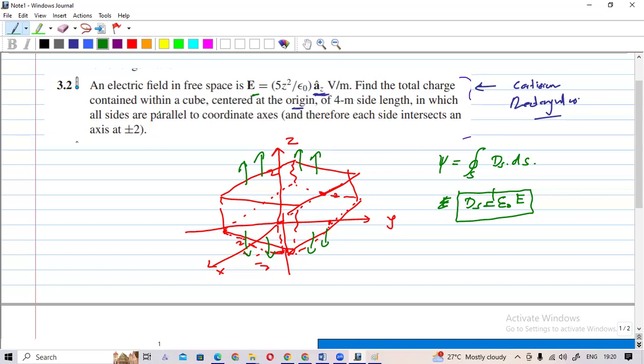Now find the total charge contained within the cube.